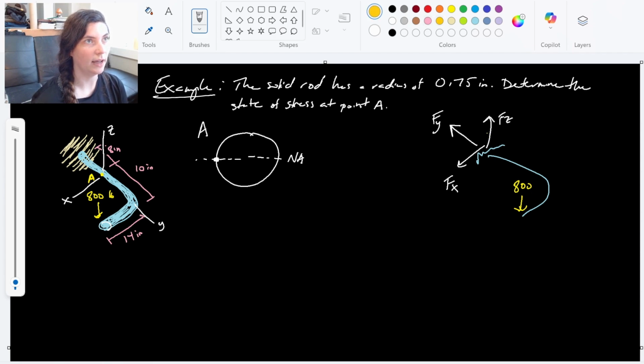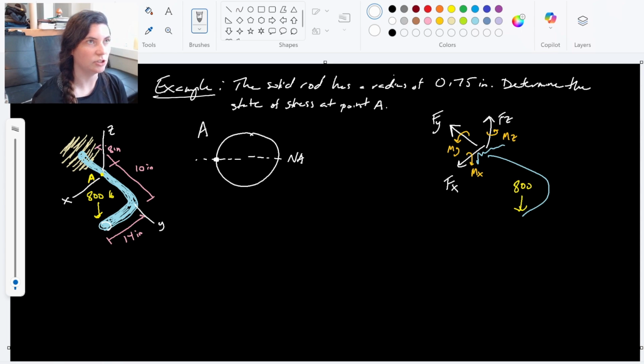Those moments, we have a moment about Z, MZ, a moment about Y, MY, and the moment about X, MX. 3 moments, 3 forces, 6 equations that we're going to be solving for.